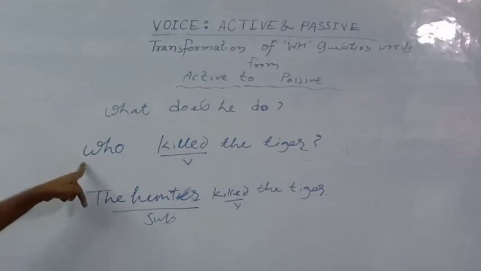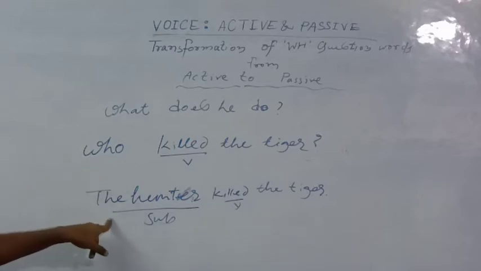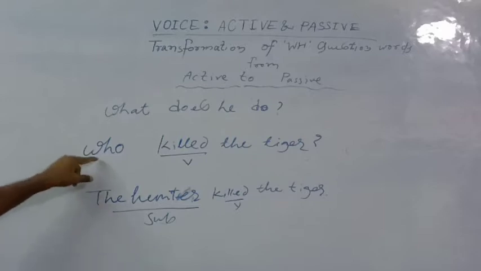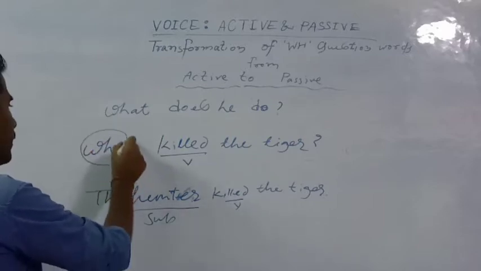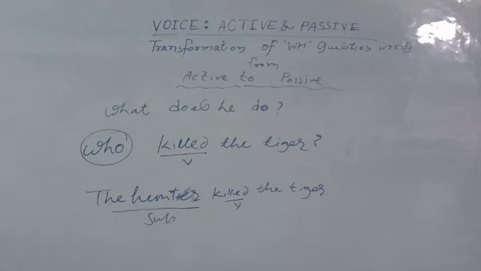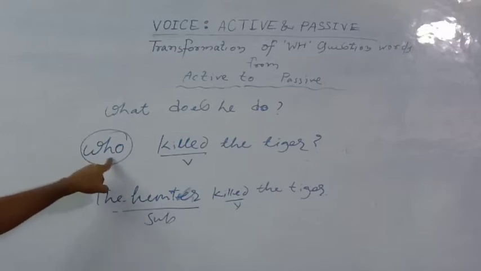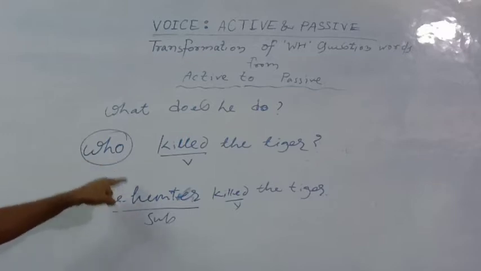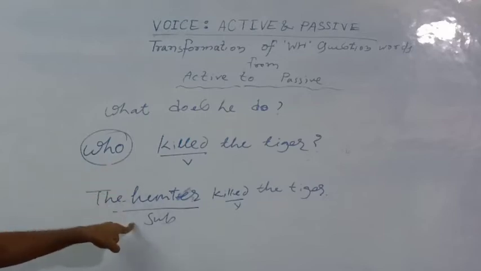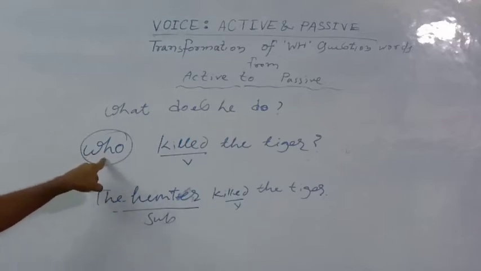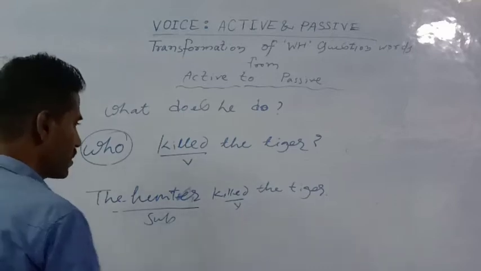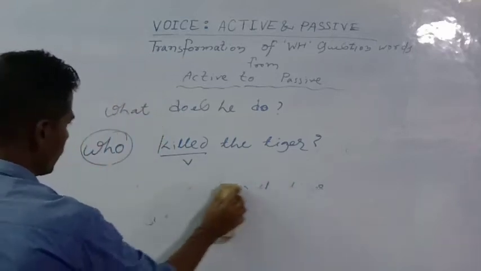So in this very sentence, instead of the hunter, what is written here? Who. The hunter is replaced with who, so since the hunter is the subject, who is also the subject. Who killed the tiger? In this sentence, who is the subject.